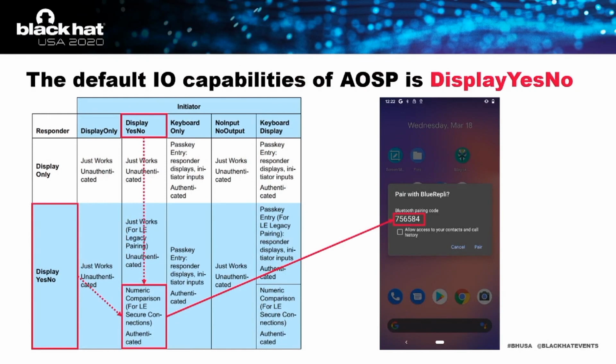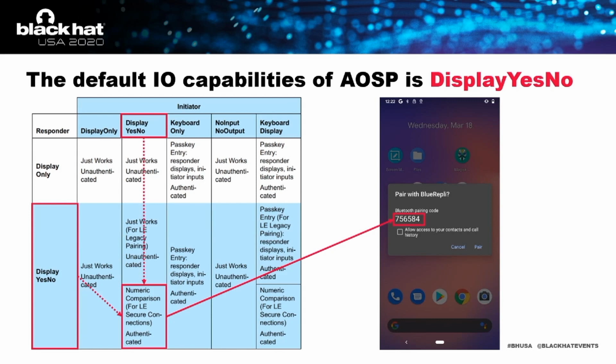Another reason is that the default I/O capability of Android phones is DisplayYesNo. Also, according to the Bluetooth specification, the devices at both ends should use numeric comparison as an authentication method.